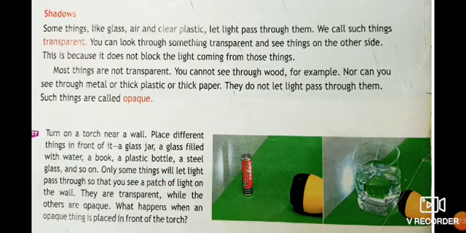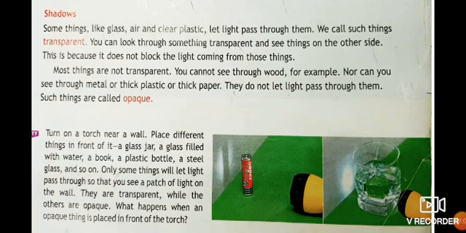Most things are not transparent. You cannot see through wood, for example, nor can you see through metal or thick plastic or thick paper. So they do not let light pass through them.